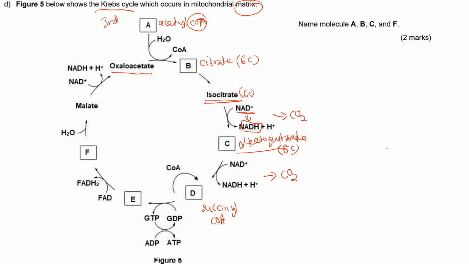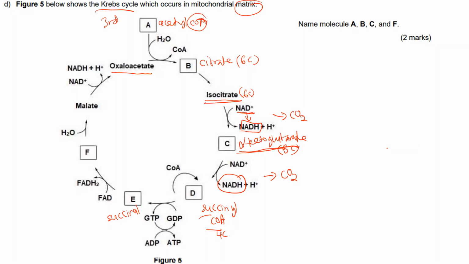Succinyl-CoA is a 4 carbon compound. During the oxidation of alpha ketoglutarate into succinyl-CoA, one molecule of NADH will be produced. Succinyl-CoA will be converted into molecule E, which is succinate.